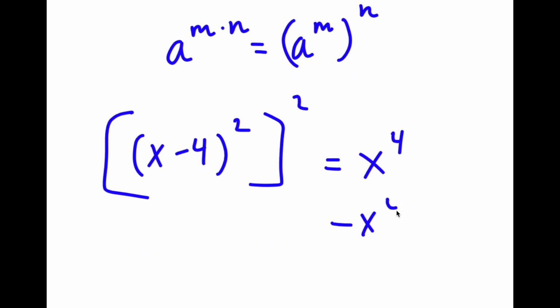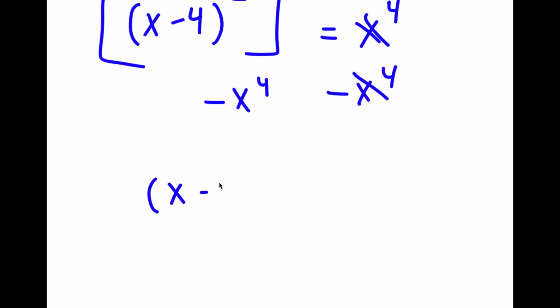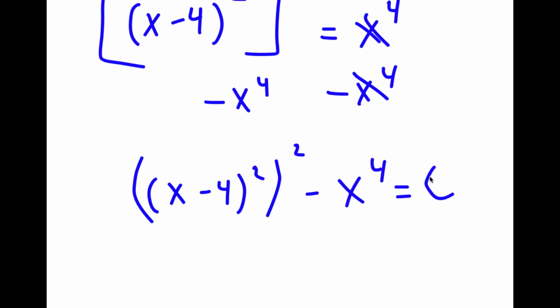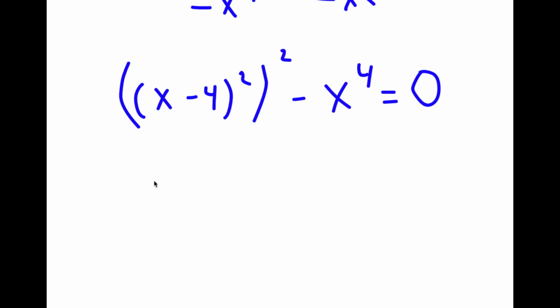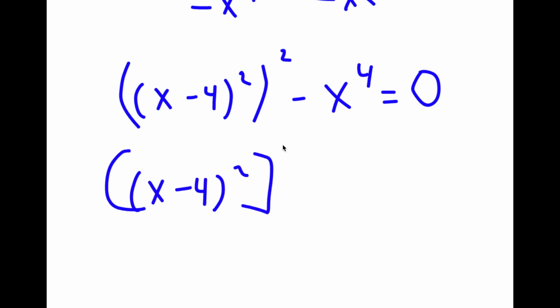Now I'm going to subtract x to the power of 4 on both sides. So now I have (x minus 4) squared to the power of 2 minus x to the power of 4 is equal to 0. And x to the power of 4, I'm going to rewrite as x to the power of 2 to the power of 2.